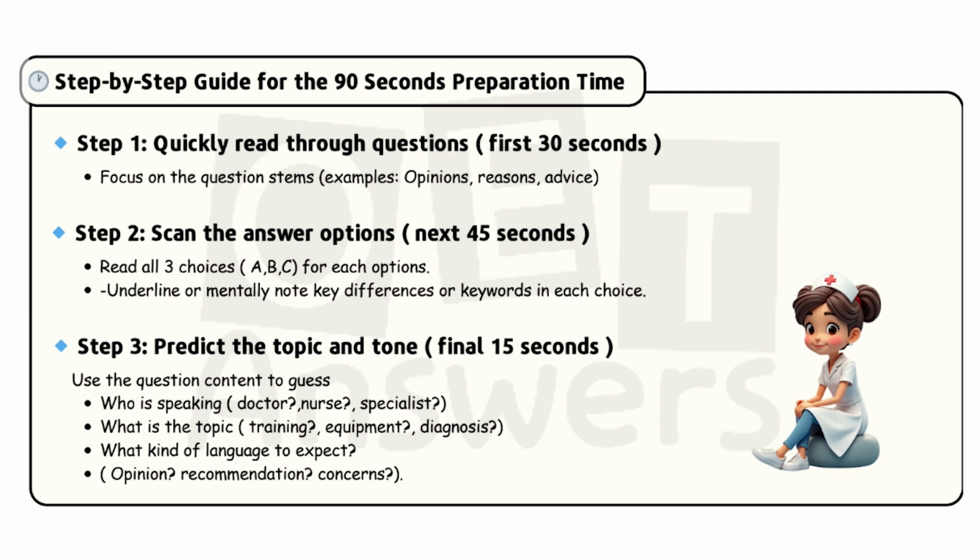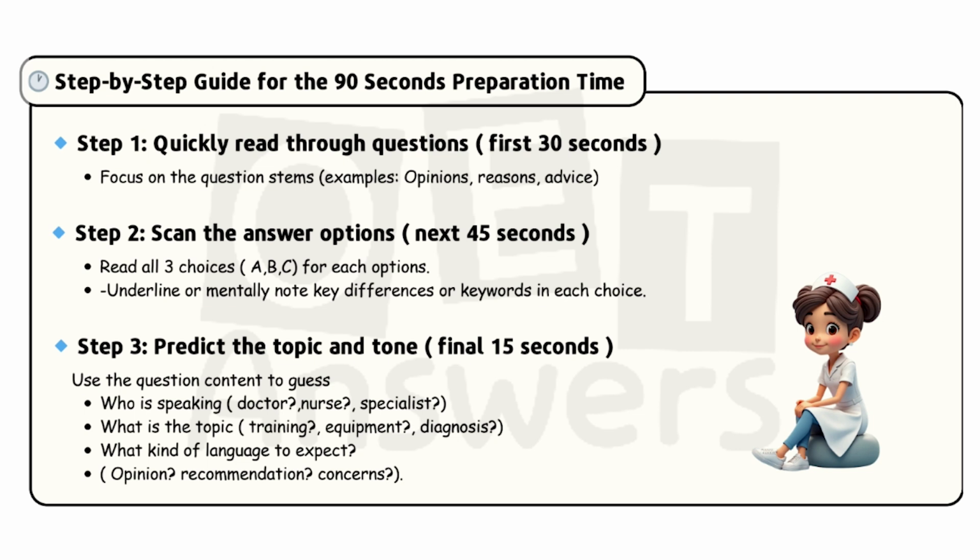So how can you tackle the similar options? By underlining, by differentiating the meaning or the words. You have to note some key differences in what they have given in the answer options. Clear about the second step?